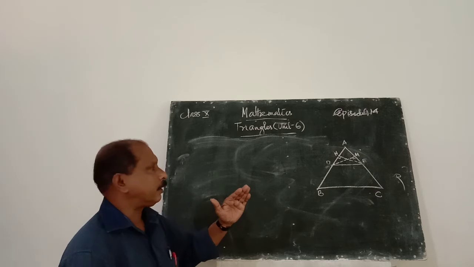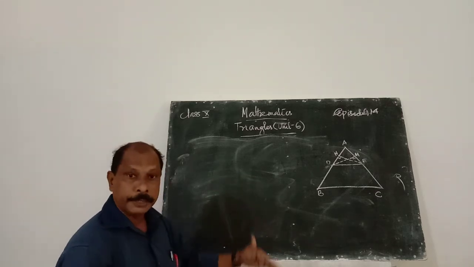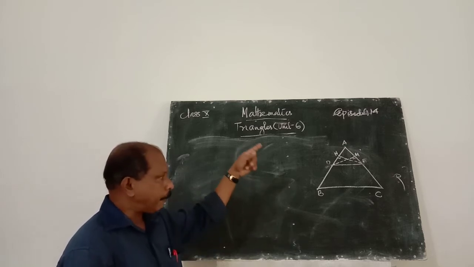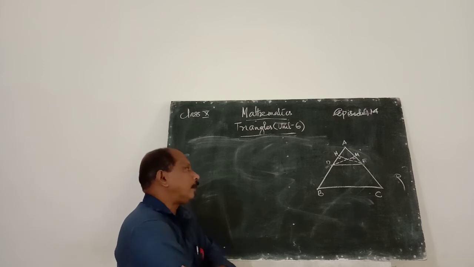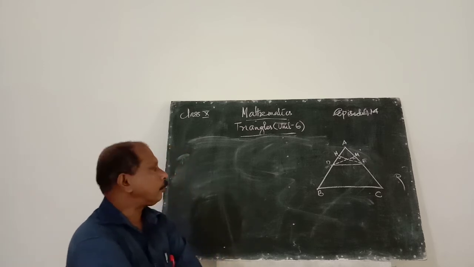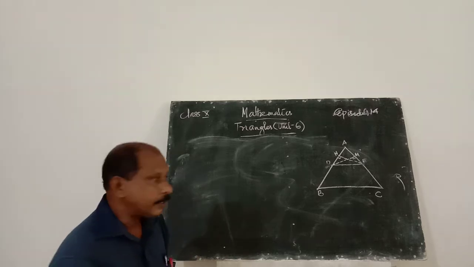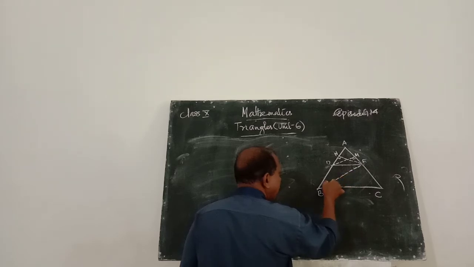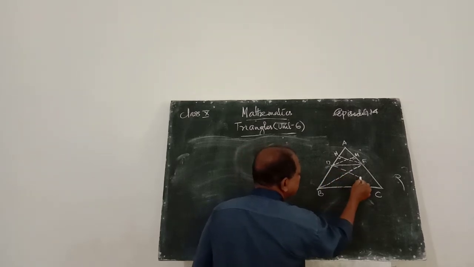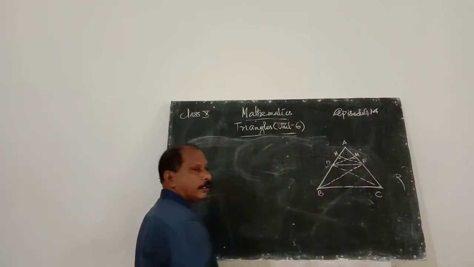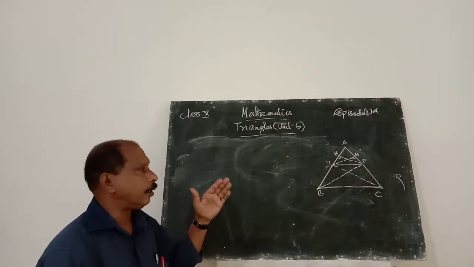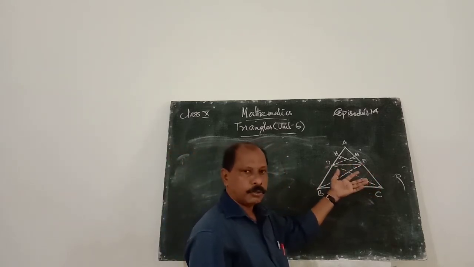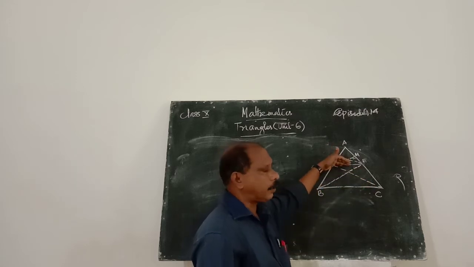Construction: draw DM perpendicular to AC and EN perpendicular to AB. Then join E and B, also B and C. Joining all these four gives a quadrilateral, and it is also a trapezium.